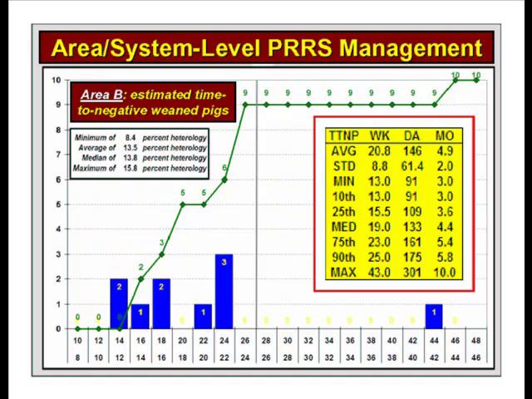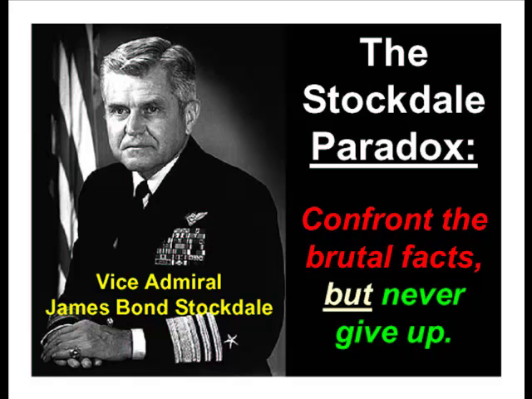On average, the time to negative in these farms was about 21 weeks, minimum 13, maximum 43, but about 90%, or 9 out of 10 farms, had negative pig flows within 25 weeks, and 50% within 19 weeks. So that's a useful measurement criterion, I think, for judging how well an approach is working.